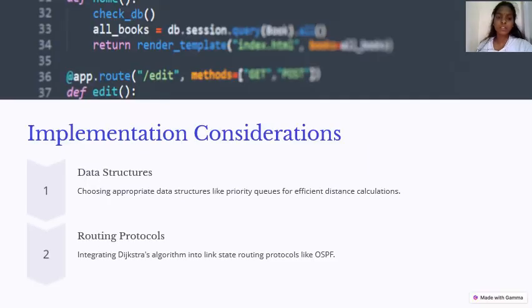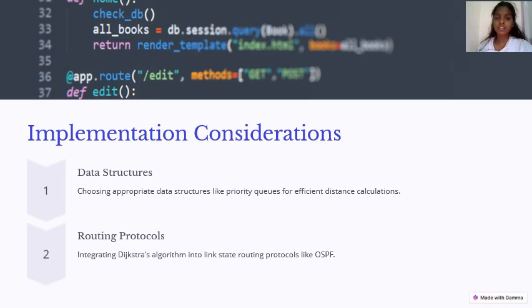Next are implementation considerations. First is data structures and the second is routing protocols. Data structures means choosing appropriate data structures, like priority queues, for efficient distance calculation.